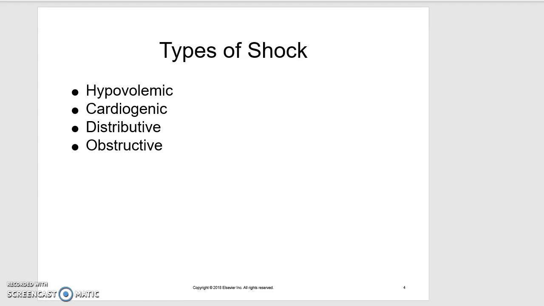Neural-induced distributive shock occurs when sympathetic nerve impulses are decreased and blood vessel smooth muscles relax, causing vasodilation and poor perfusion. Chemical-induced distributive shock has three common origins: anaphylaxis, sepsis, and capillary leak syndrome.